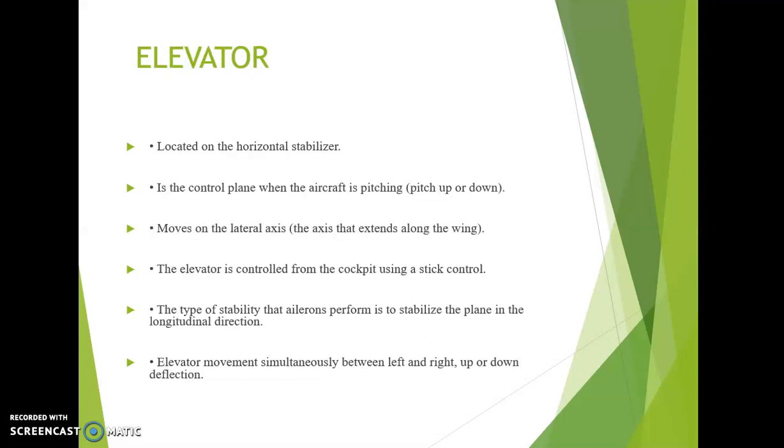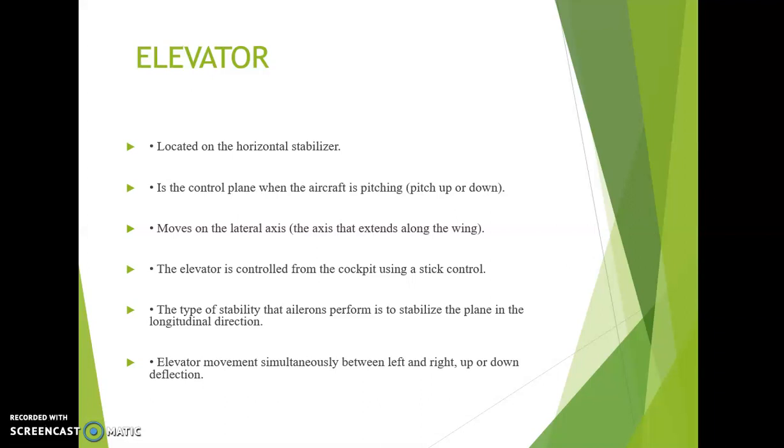Next, elevator. Located on the horizontal stabilizer, it is the control plane when the aircraft is pitching up or down. Move on the lateral axis, the axis that extends along the wings.